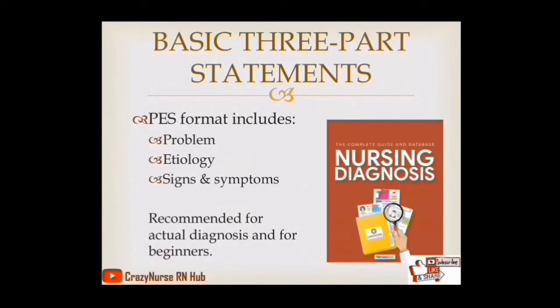This format cannot be used for risk diagnosis because the client does not have signs and symptoms of the diagnosis. The PES format is especially recommended for beginners because the signs and symptoms validate why the diagnosis was chosen and make the problem statement more descriptive.